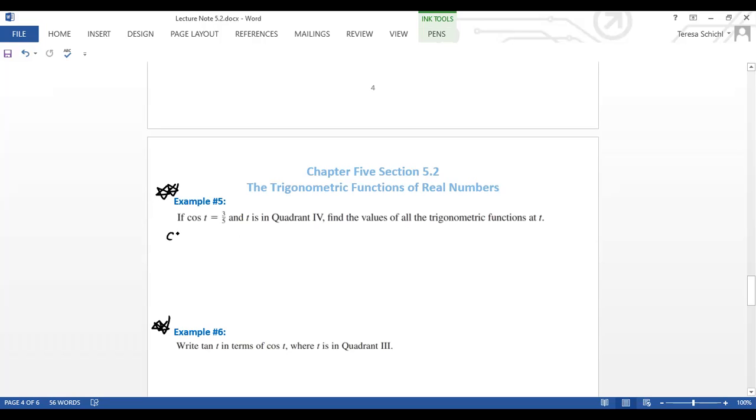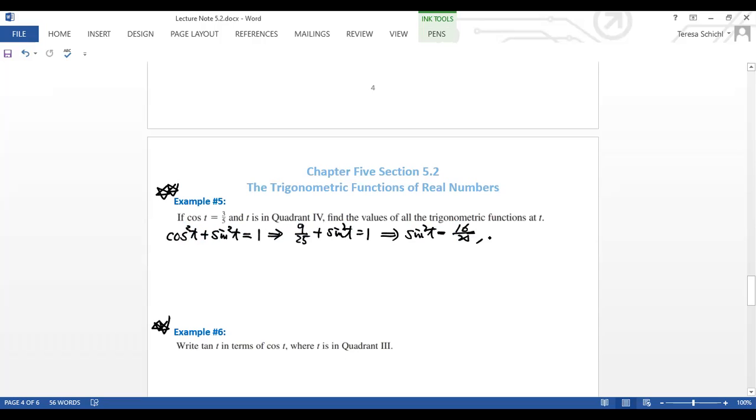So I know cosine squared t plus sine squared t is equal to 1 by the identities, correct? Now cosine t is 3/5, so squared it will be 9/25, plus sine squared t equals 1. So now you get sine squared t equal to what?